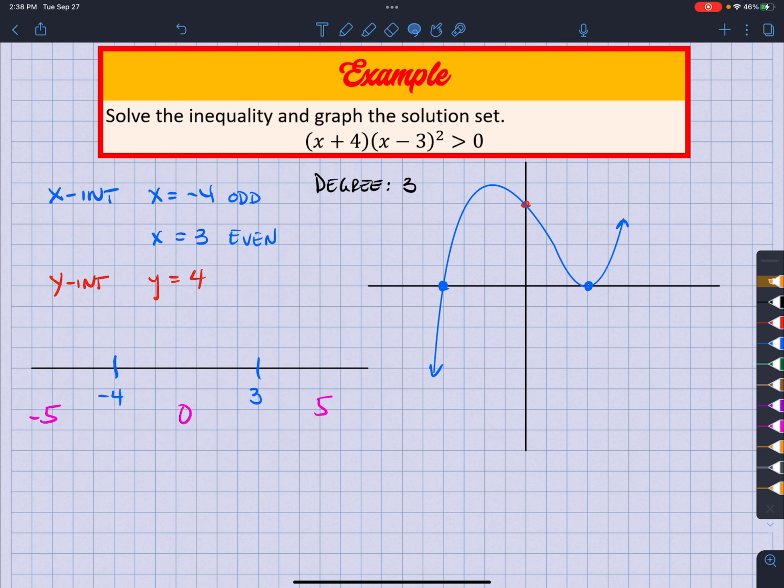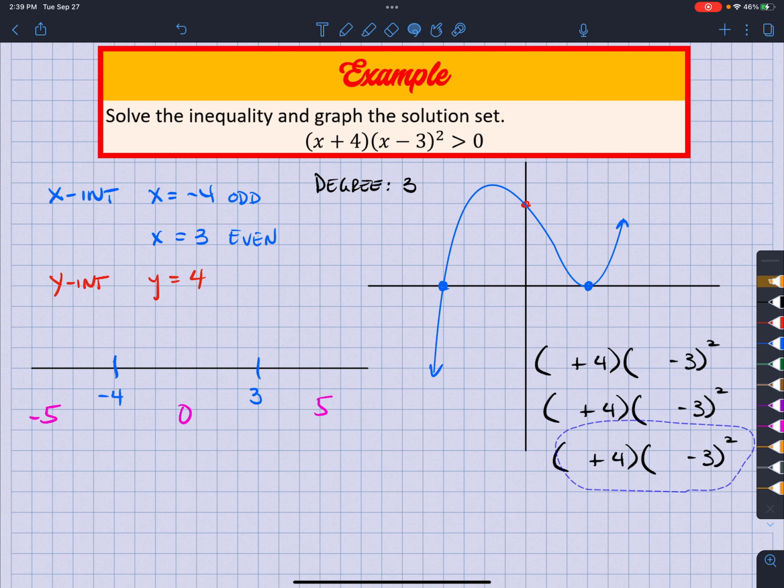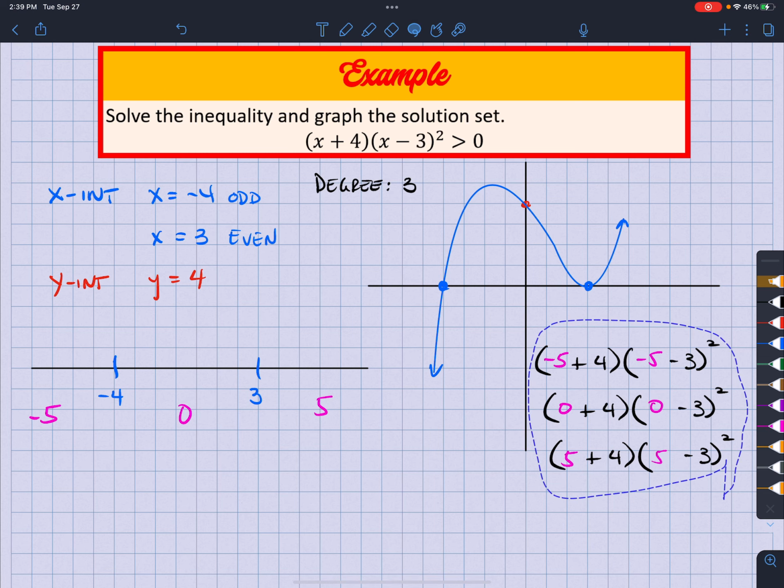I'm going to plug those numbers in here, where it would be +4, -3 squared, and see what that equals. So let's duplicate that and duplicate that again. Let's try -5, let's try 0, and let's try 5, and see what they give me.